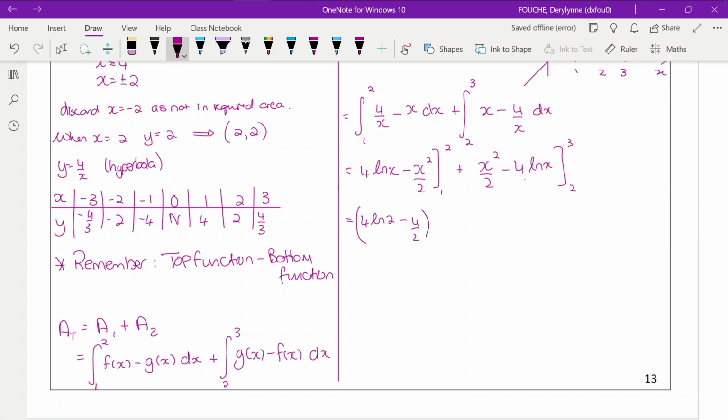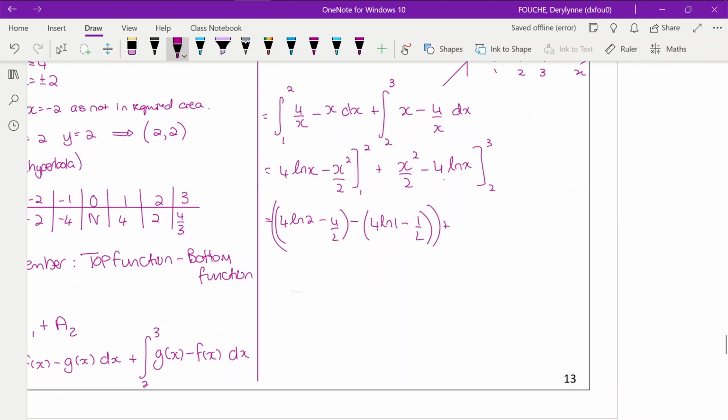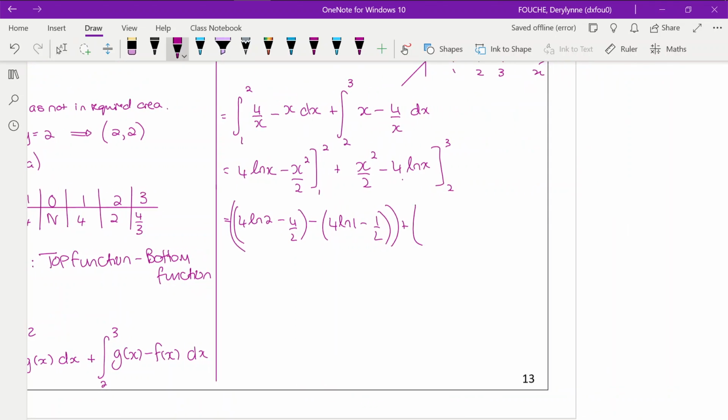Minus 4 ln 1 minus a half. And all of that gets added to 9 over 2 minus 4 ln 3 minus 4 over 2 minus 4 ln 2.